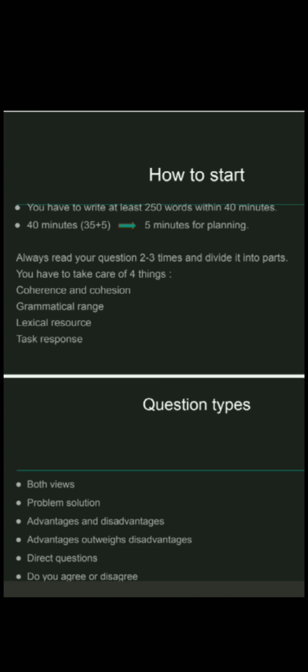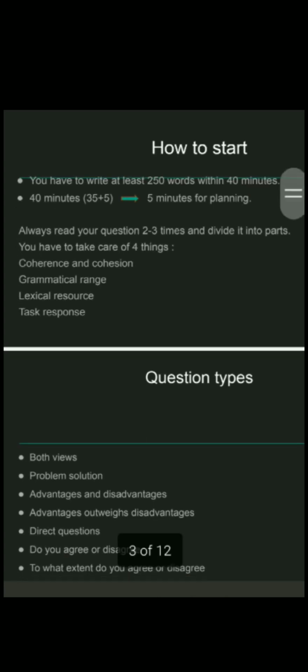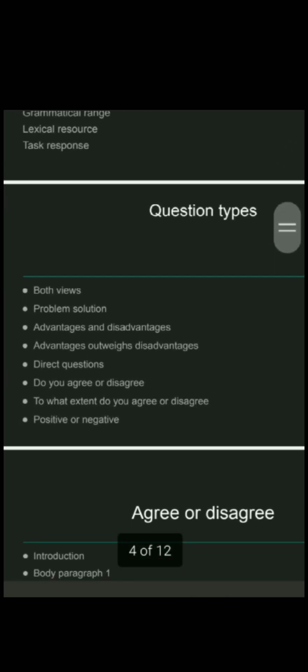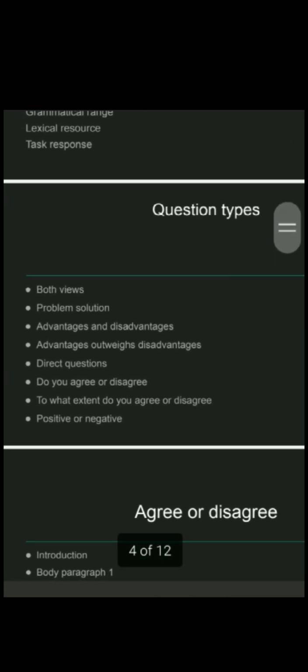Then come to the question types. In task 2 there are several types of questions. Let's begin with the first one, both views, in which you have to discuss both views. Second is problem solution. Some problem is given and you have to mention the solution. Third one is advantages and disadvantages, meaning there is a topic in which you have to tell the advantages as well as the disadvantages.